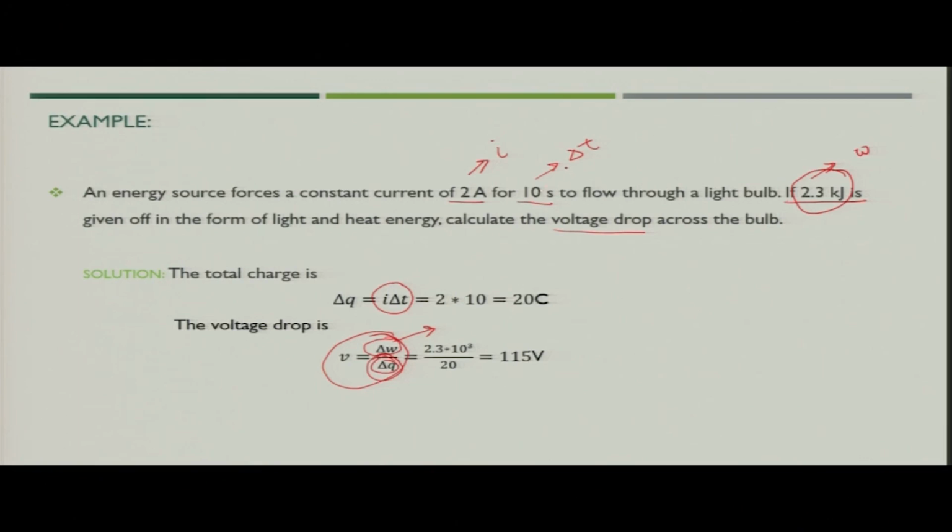Time is given as 10 seconds, and the current flowing through the element is 2 ampere. It means that 20 coulomb of charge is being transferred through the element, and using this value you can calculate the voltage drop across the element. In this case the element is a light bulb, so the voltage drop across the light bulb comes out to be around 115 volt.